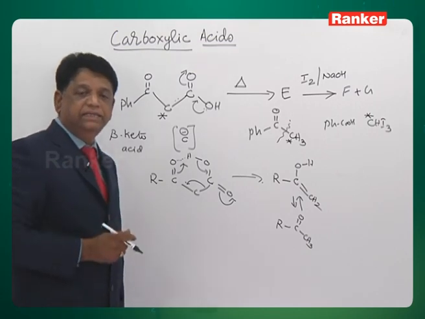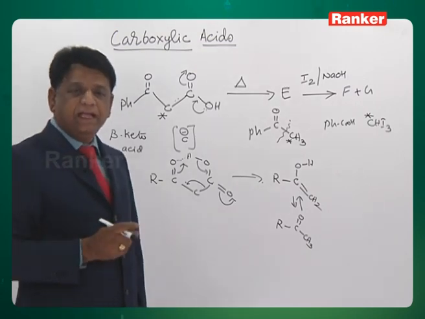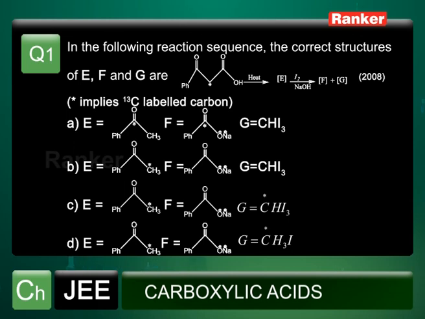So, let us see the options. E is acetophenone, exactly right. F is a benzoic acid, but the star is given on the carbonyl, that is wrong. So, iodoform is there, correct, but the option goes wrong. Option B is also acetophenone and benzoic acid is there, but the star carbon is on the last carbon, nowhere it is shown, isn't it?